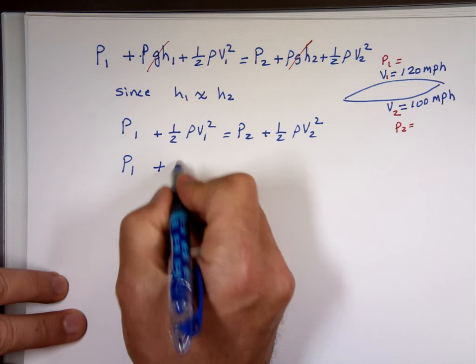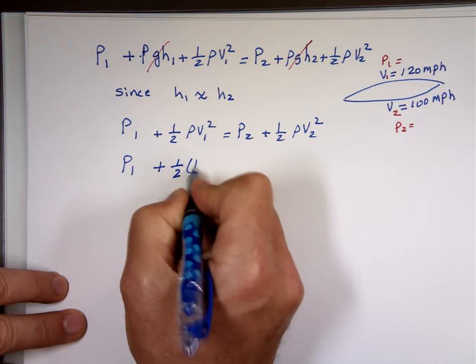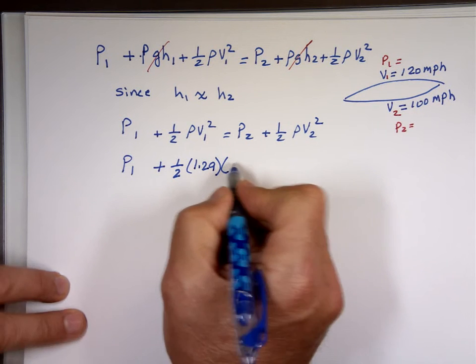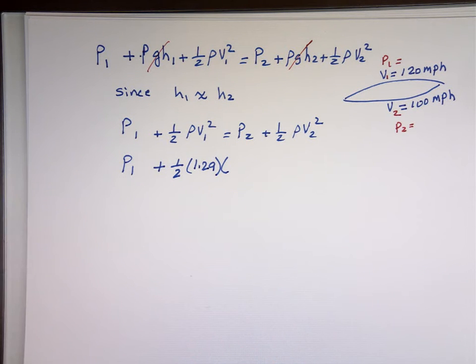1/2 rho for air is about 1.29. V1 squared, that's 120. Let's convert that to meters per second. 120 divided by 2.24, 53.6.